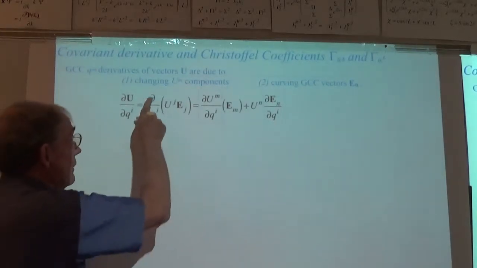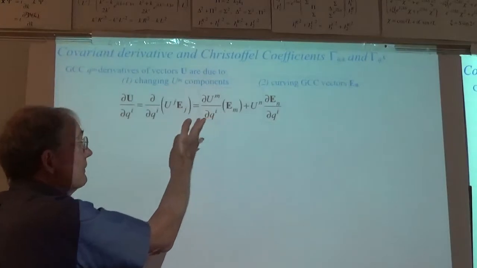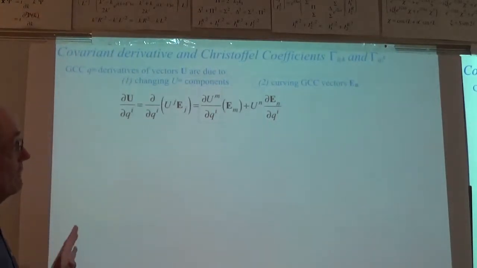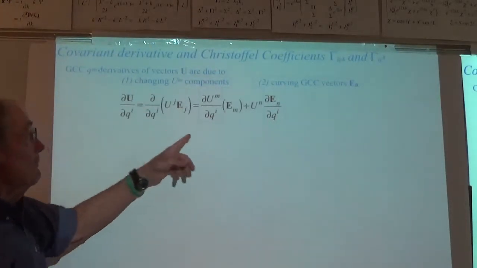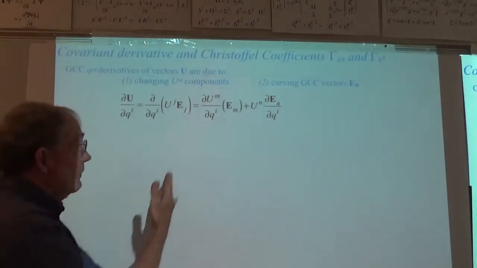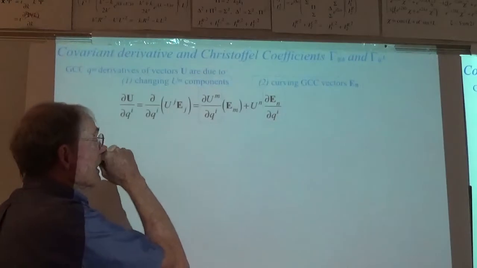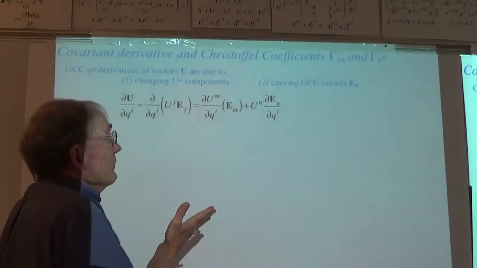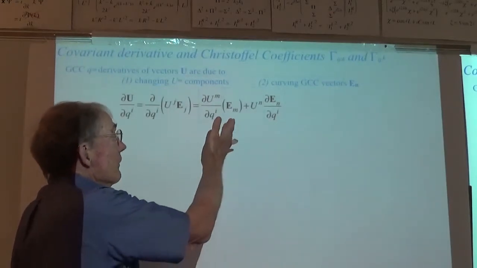If it were just the coordinates changing, then you'd go like Jackson, and that would be the end of the story. There's the partial derivative of the component with respect to Q, and then there are some unit vectors that, if it's the Cartesian unit vectors, are there.